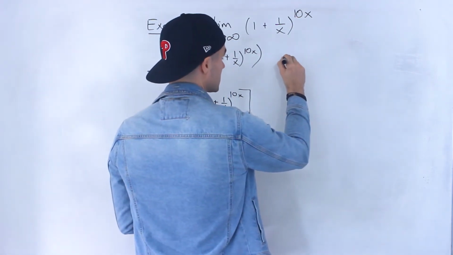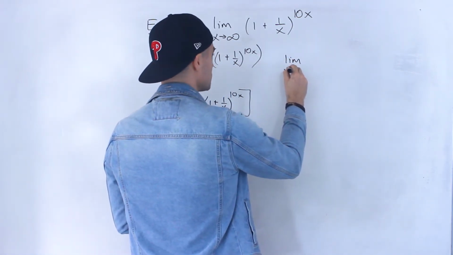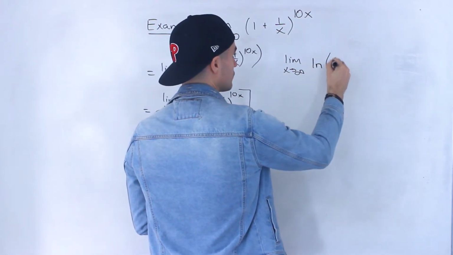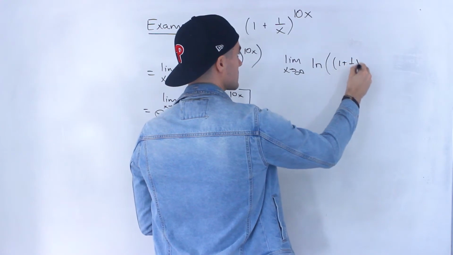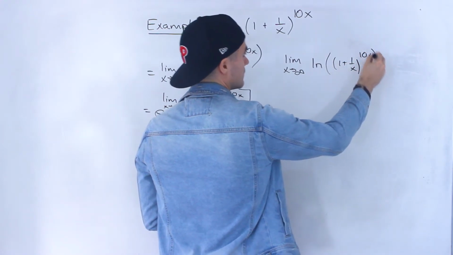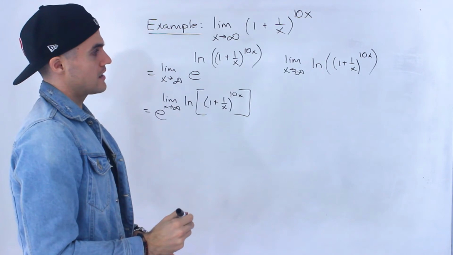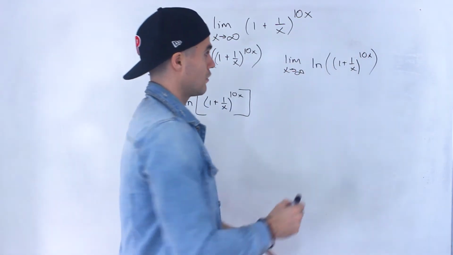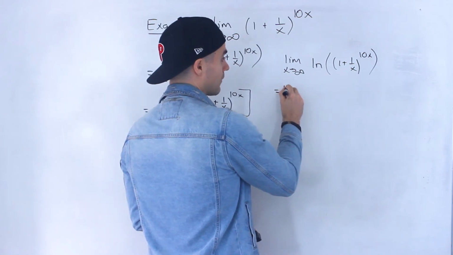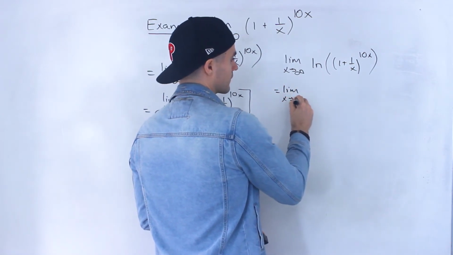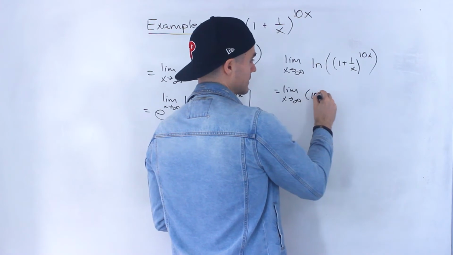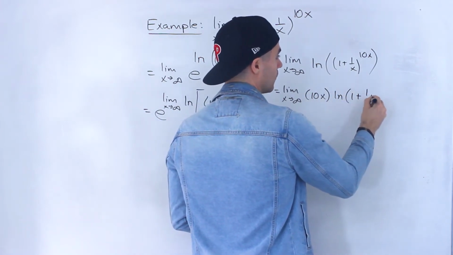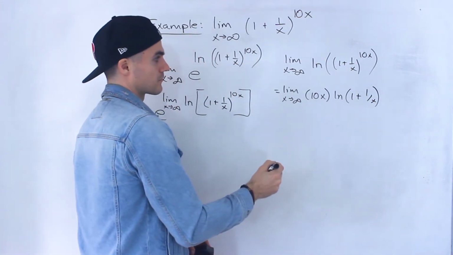So I'm going to take the limit as x approaches infinity of ln of (1 plus 1 over x) to the power of 10x. And because we ln'd this function, we can now bring that exponent down. And so it ends up being 10x times ln of (1 plus 1 over x), like that.